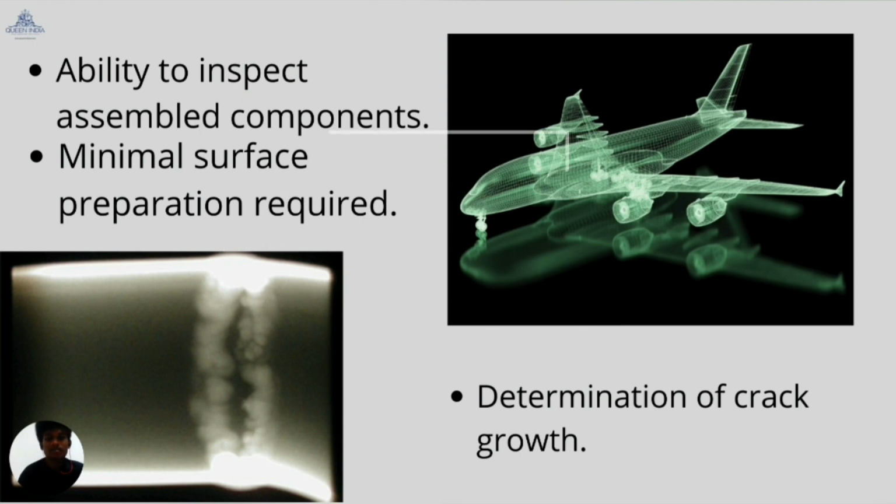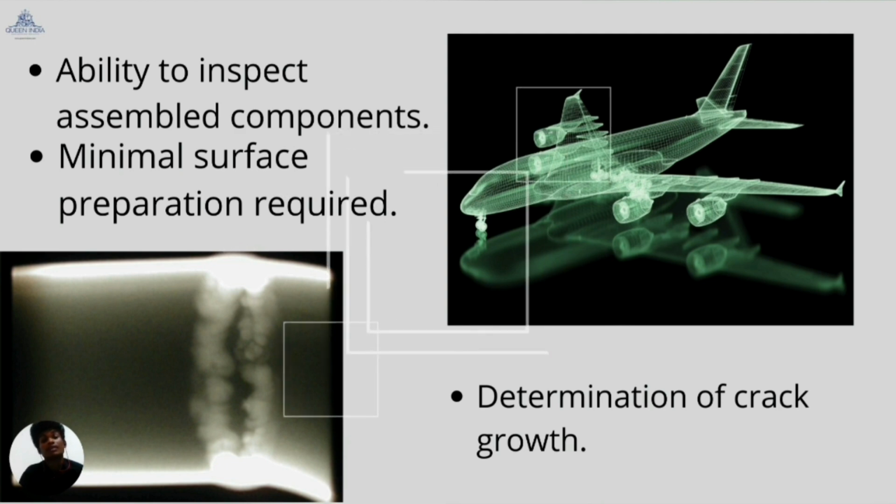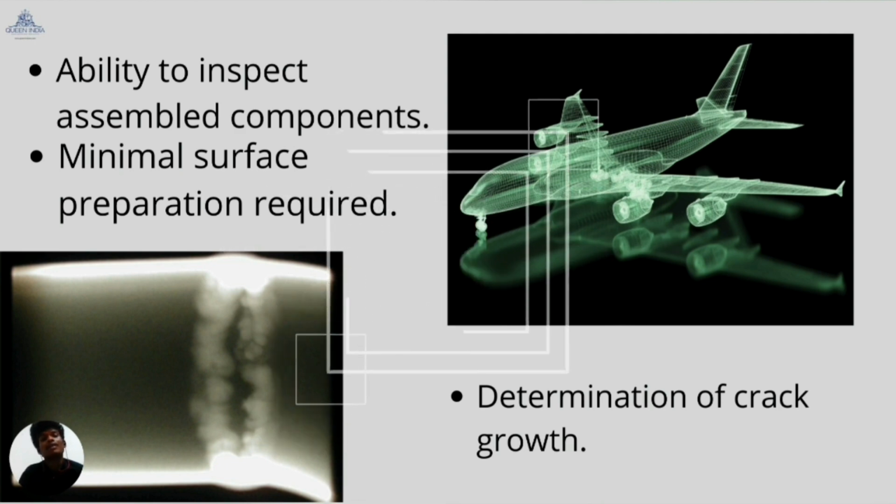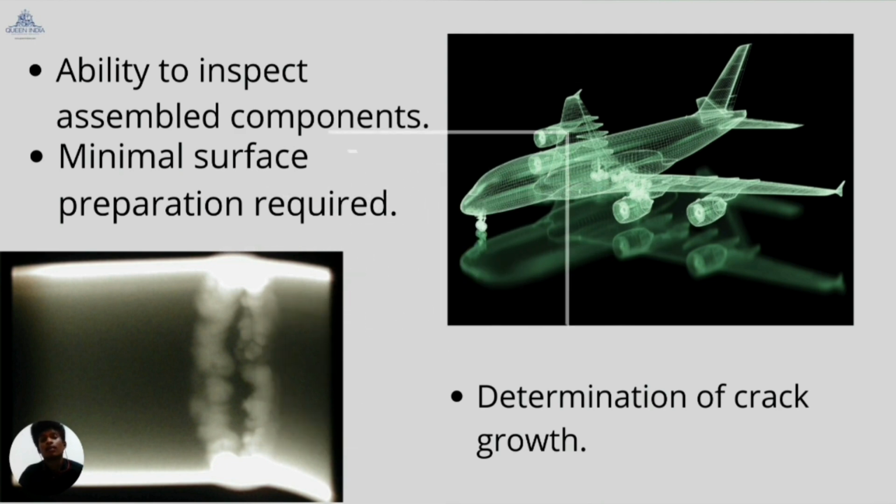Another advantage is that assembled components can also be inspected. Minimal surface preparation is required for radiographic testing. And one of the main advantages of radiographic testing is that we can determine crack growth in advance.